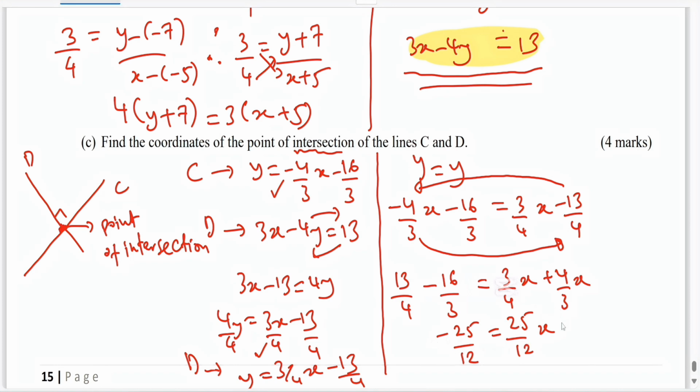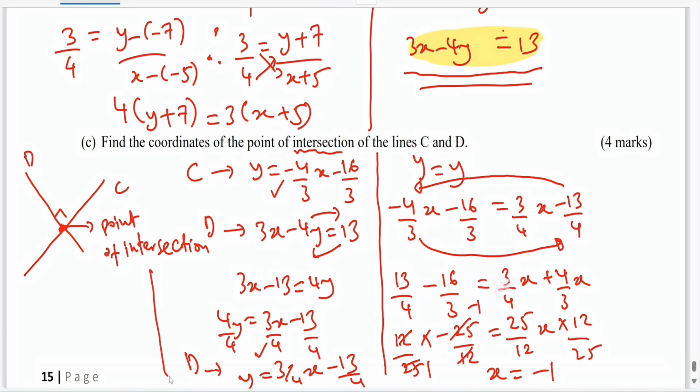So to find x, multiply by 12/25, and x comes out as -1.